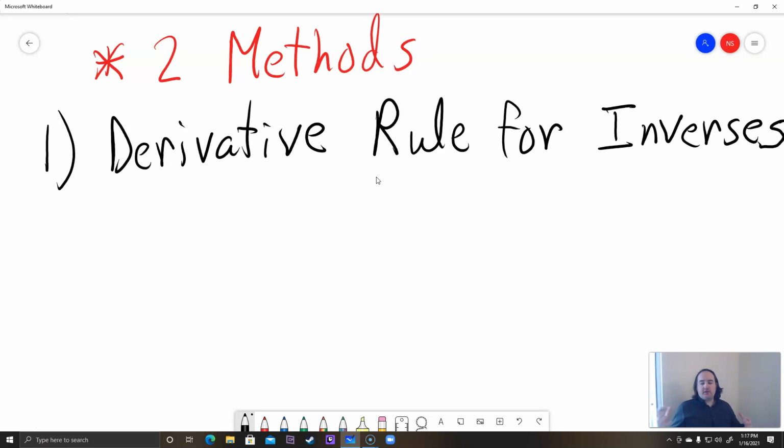And this is a little bit of a complicated rule that you can use. Some people use it. I don't usually recommend using it because it ends up being more work, but I'm going to write it down anyway in case you ever need it.